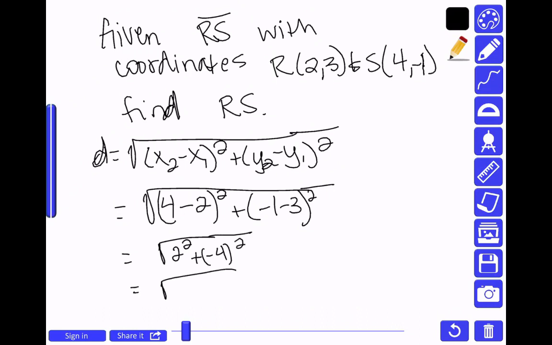So this is the square root of 4 plus 16. Why? Because when I square a negative number, negative times a negative is a positive. So that comes out to be the square root of 20, which is the same as 2 square root of 5. Because I can factor out a 4 from 20, and the square root of 4 is 2.